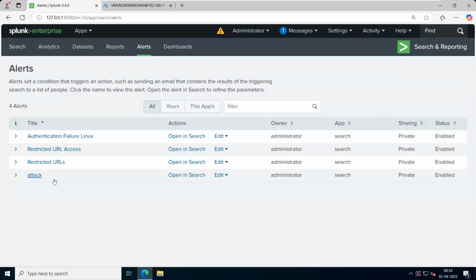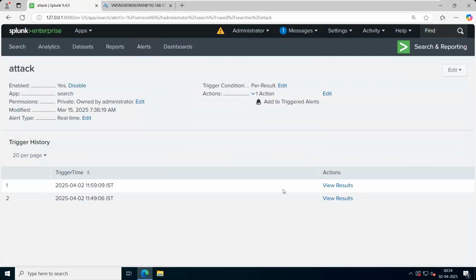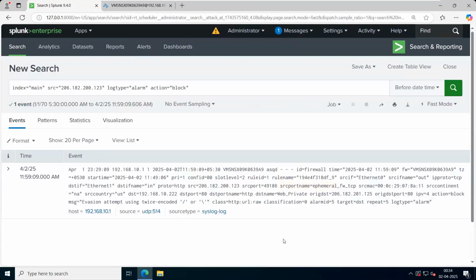But right now, let's say someone is trying to launch an attack on the web server. Here, the SIM solution, as we have noticed, has triggered an alert. It is telling us information like when exactly the incident happened and who is reporting it.